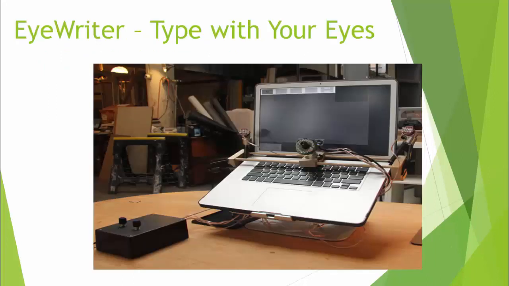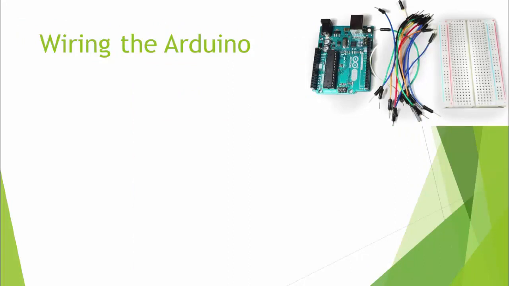A little bit closer to a traditional implementation. Here is an eye writer that watches the operator's eyes and types on a standard computer keyboard based on the position of the operator's eyes, allowing you to type without hands. All right, so there's some clever implementations.